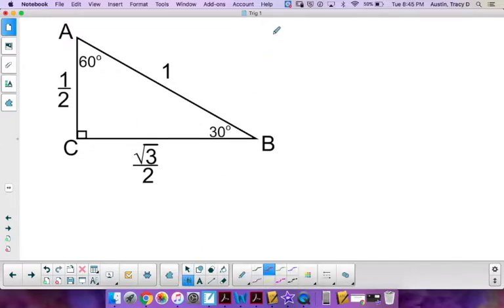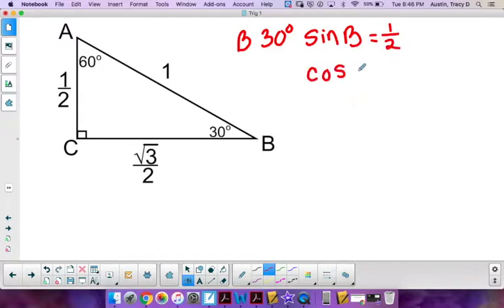Let's say I want to start with a 30-degree angle, okay? So that would be B, right? In this case, it's B. If I wanted the sine of B, okay, sine being opposite over hypotenuse, that's 1/2 divided by 1. It's really just 1/2, okay?